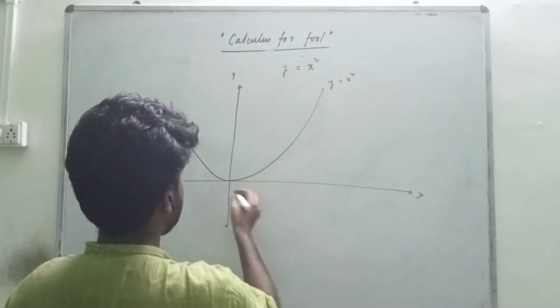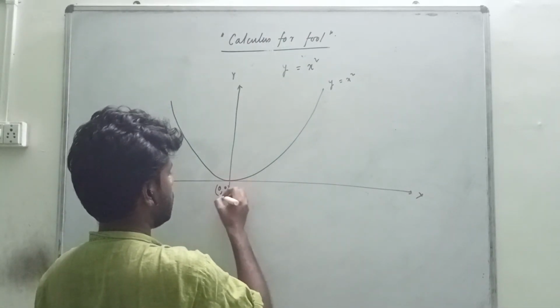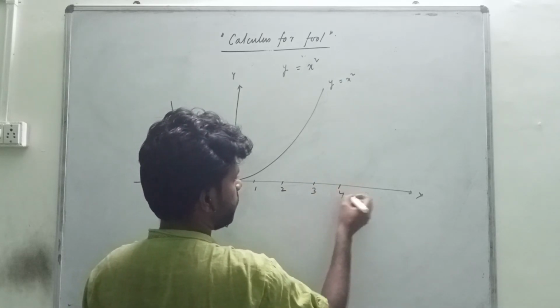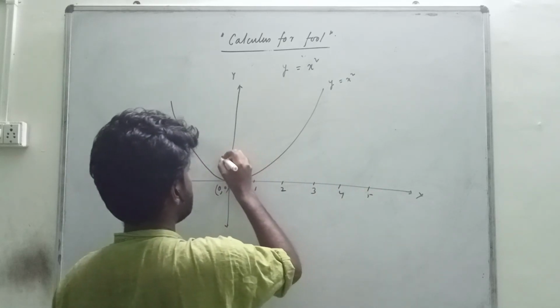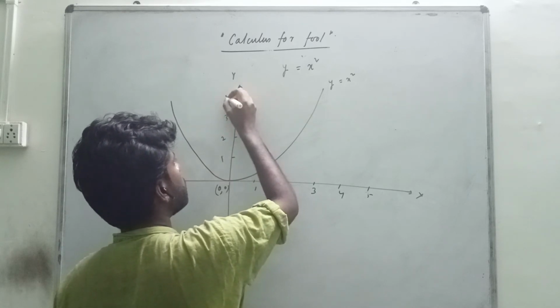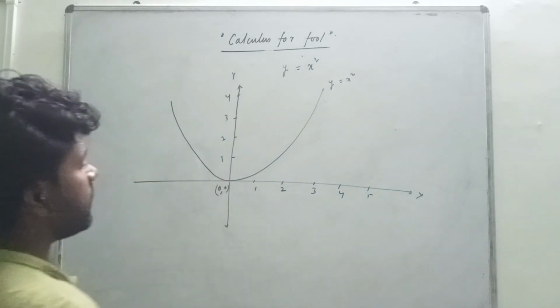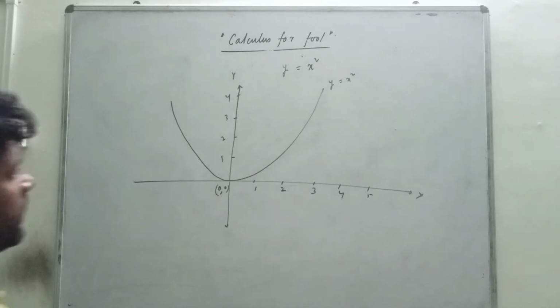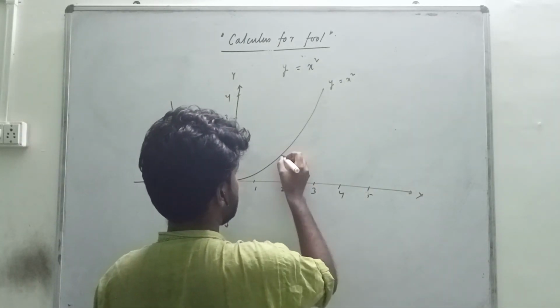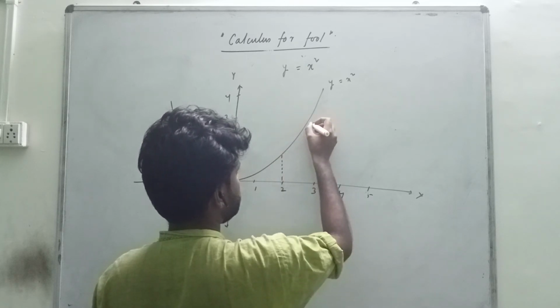It passes through 0, 1, 2, 3, 4, 5 and so on. And if I ask to calculate the area in between x equals 2 and x equals 3, that means here.